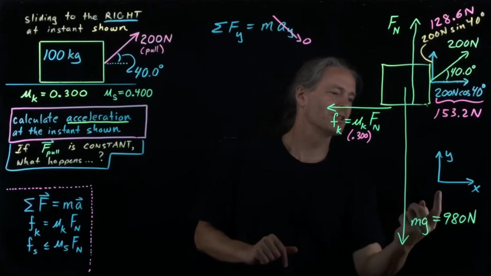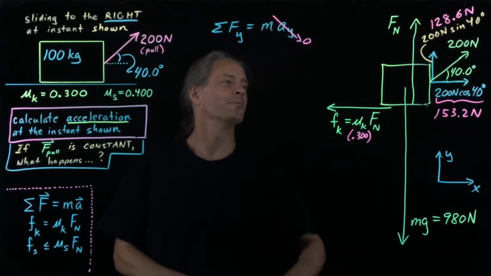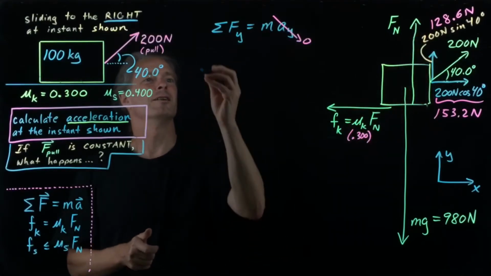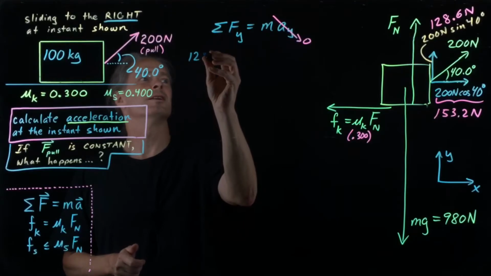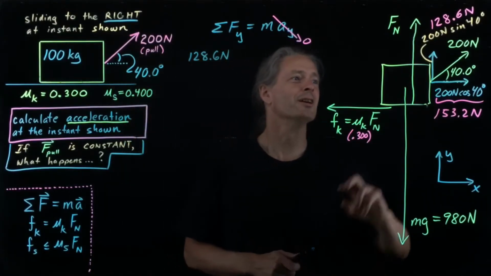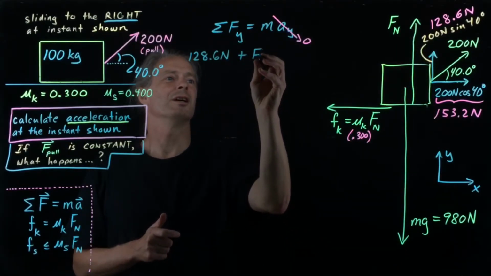In our coordinate system, up is the positive y direction. Let's do that one first. I've got this one upwards, so that'll be positive. So I've got 128.6 newtons in the positive y direction. I have F sub n in the positive y direction, plus F sub n.